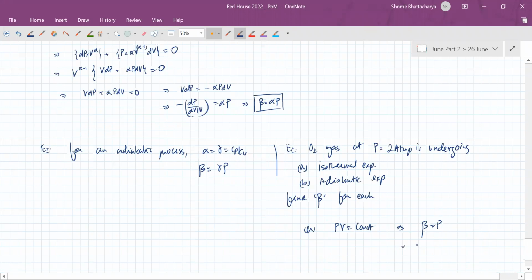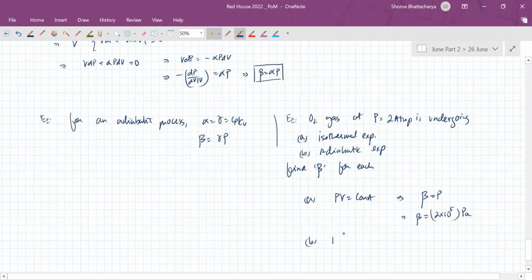So therefore, approximately 2 atmosphere at this moment, okay. But the second one, bulk modulus is gamma P at that particular instant. Okay.